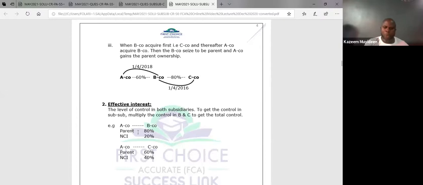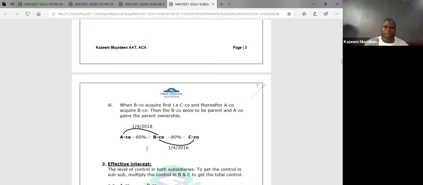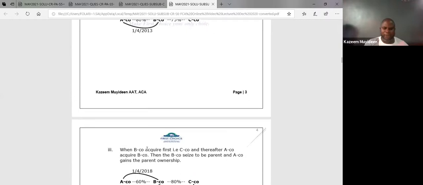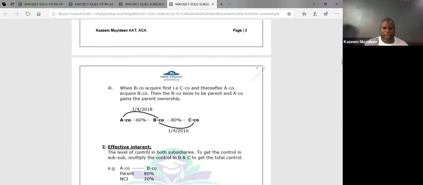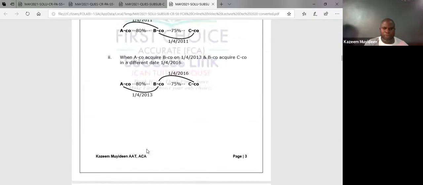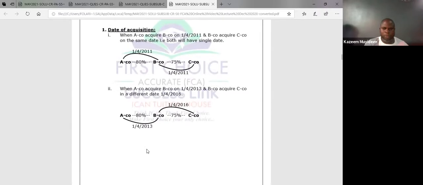ECO in BICO, parent has 80% and NCI 20%. ECO in SICO is a multiplier effect. Let me see. 80% times 75%.